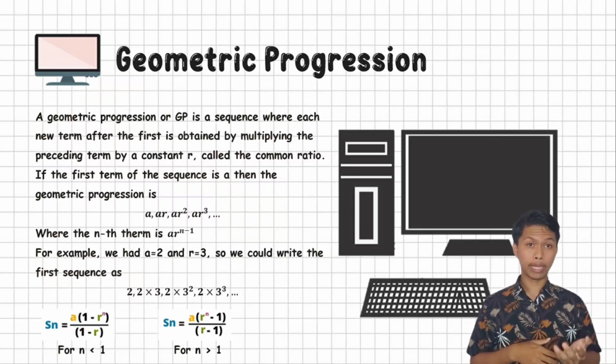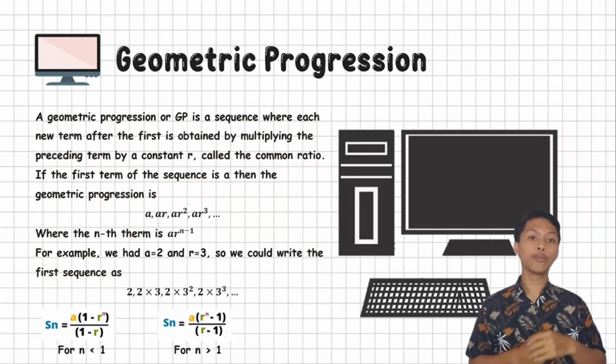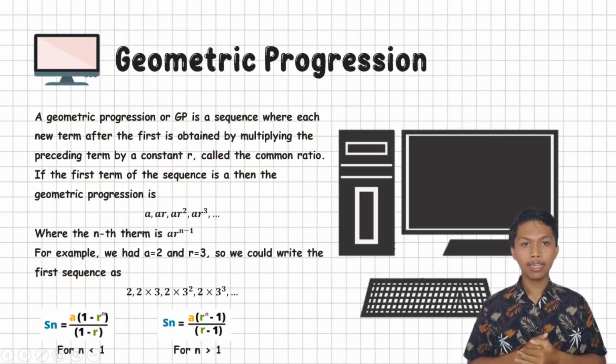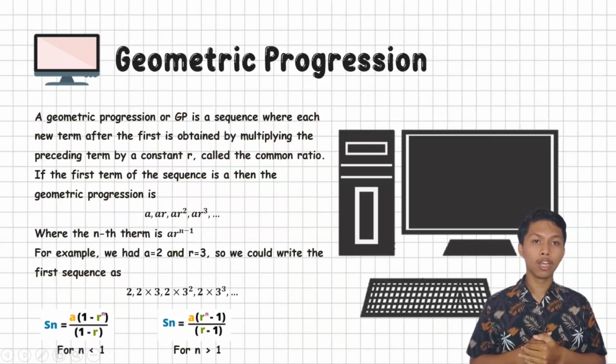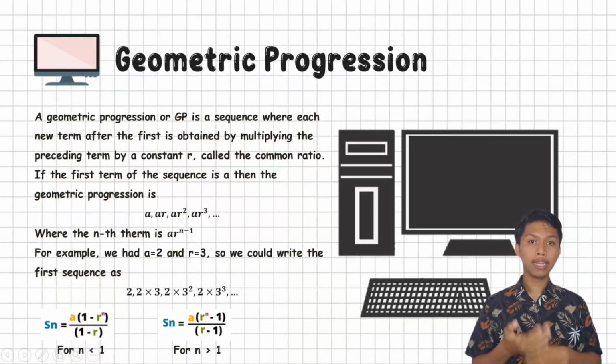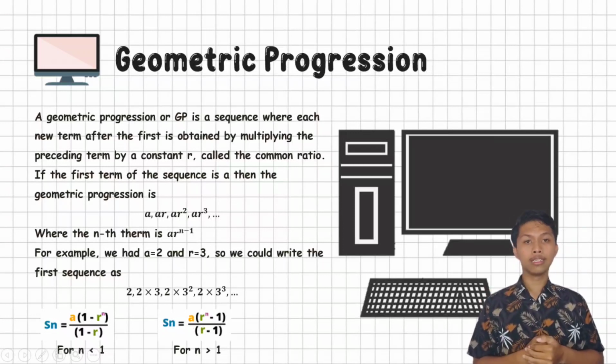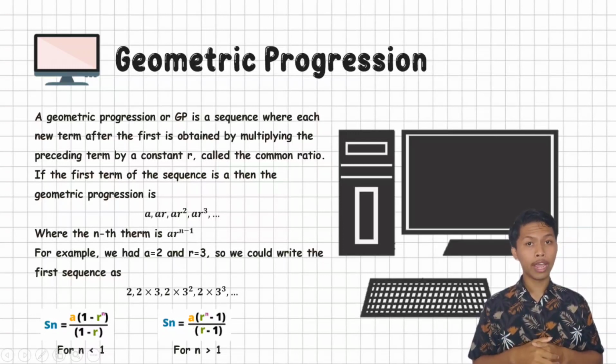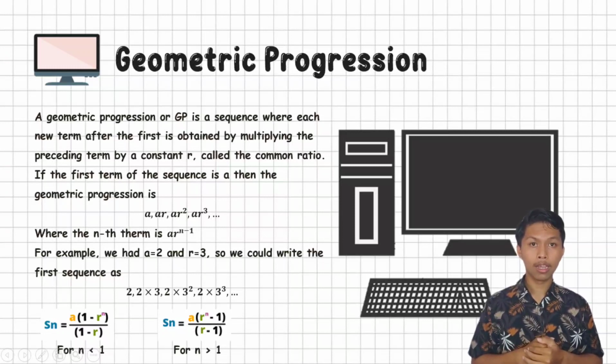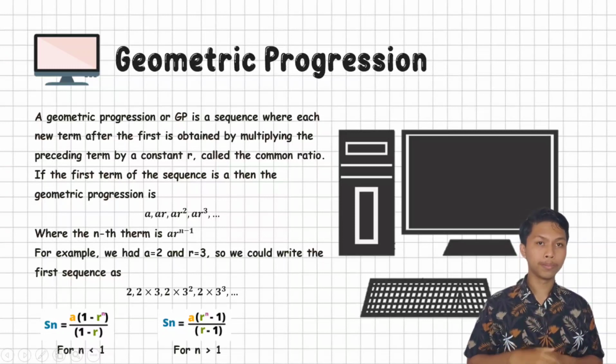Okay, the last topic we will discuss is geometric progression. In geometric progression, the notation we use is similar to arithmetic progression. But in geometric progression, we do not use D. We have R, meaning ratio.